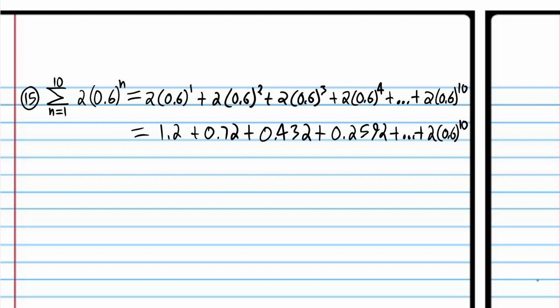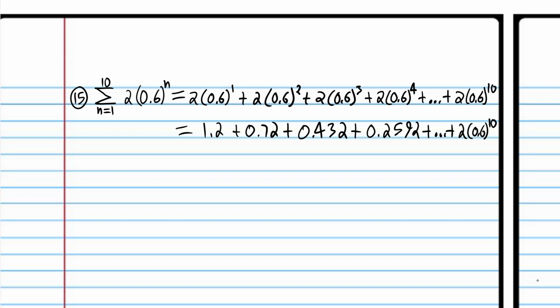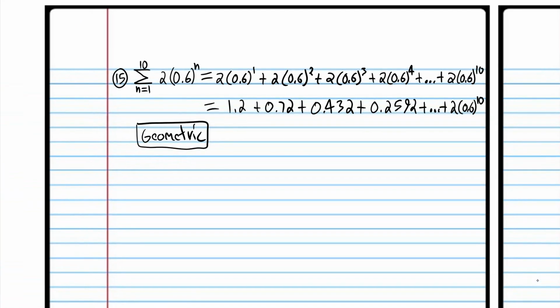If you divide this term by this term, you get 0.6. If you divide this term by this term, you get 0.6. So it's got to be a geometric sequence because you're multiplying by some constant term that we call the common ratio to get the next terms.